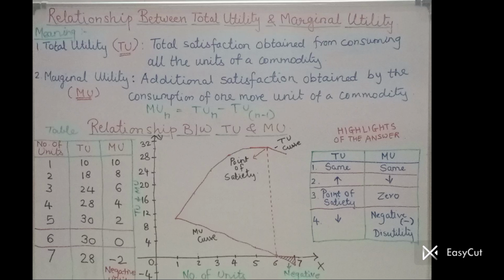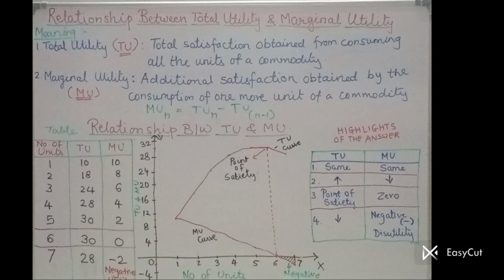So from 30 it has become 28 now. Why this happens? Because his want is satisfied, his need is satisfied, and still he is consuming. So that consumption will give him discomfort. He won't be much comfortable. He might feel uncomfortable after consuming that, depending on the commodity he is consuming. So there his total utility is actually decreasing.